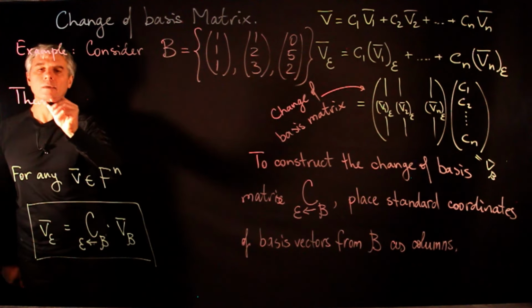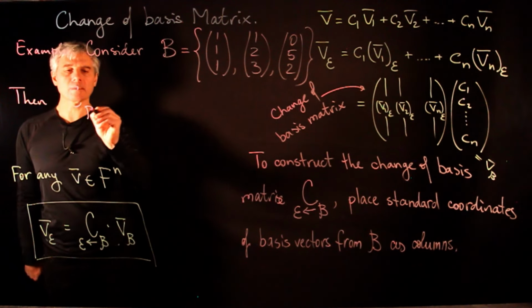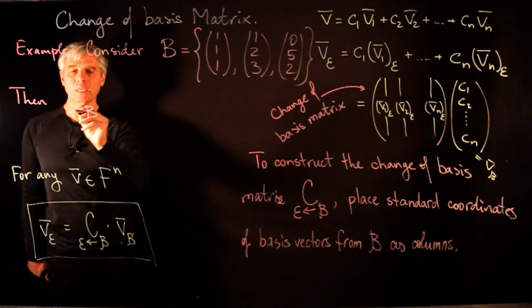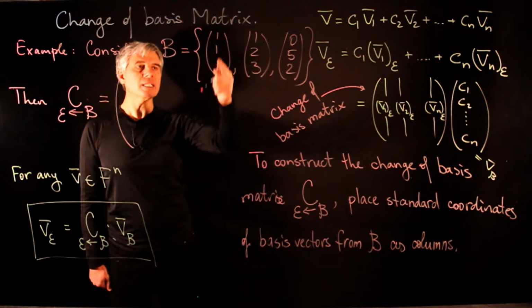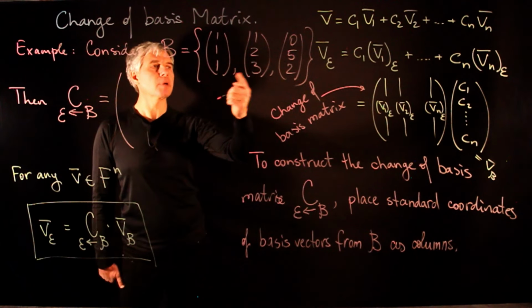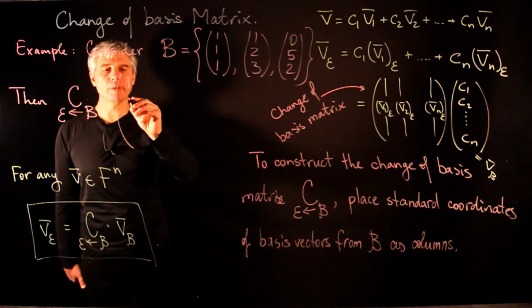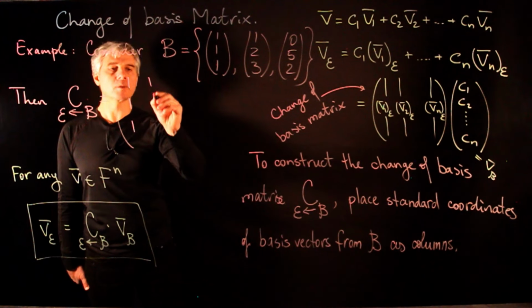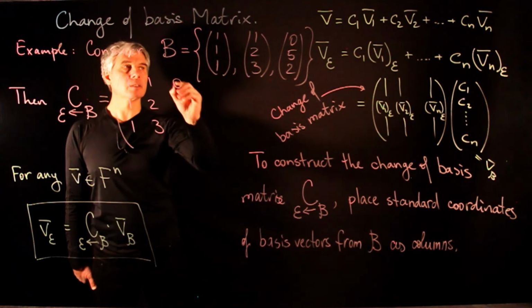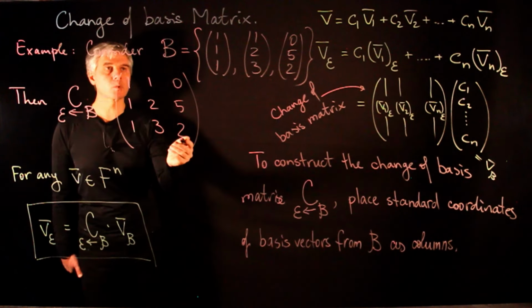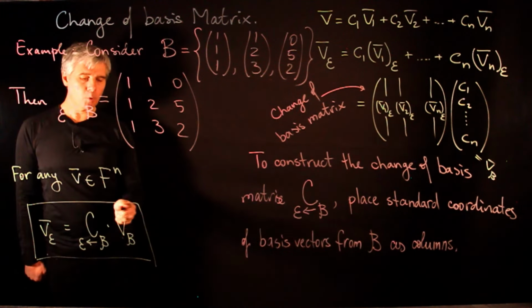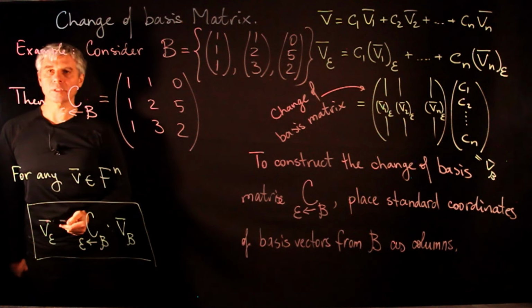Then the change of basis matrix from this basis B to the standard basis is obtained by placing the standard coordinates of these basis vectors as columns. So we'll get the matrix with columns (1, 1, 1), (1, 2, 3), and (0, 5, 2). And this matrix will allow us to recalculate from coordinates with respect to basis B into the standard coordinates.